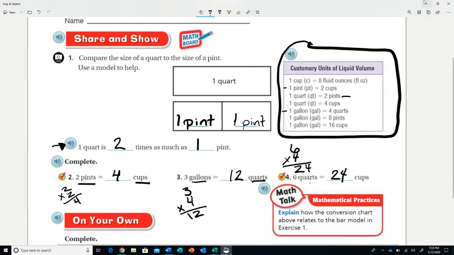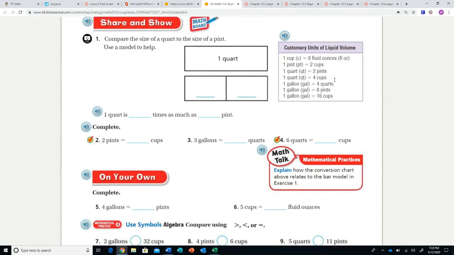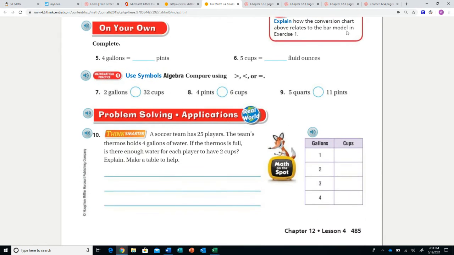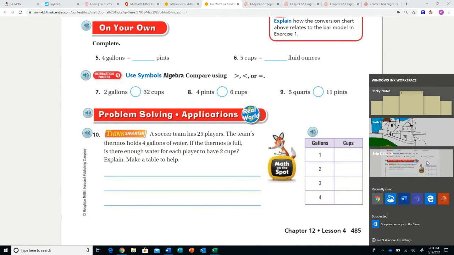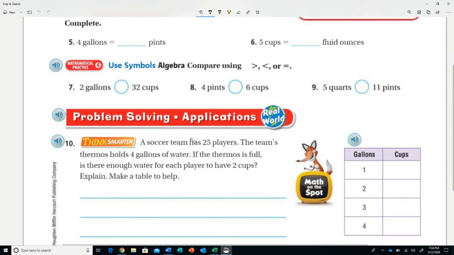Like I said, make sure that you use the table with the purple title up there. And let's go ahead and take a look at the bottom half of this page. So let me snip and sketch. And I see that the first question talks about gallons to pints.